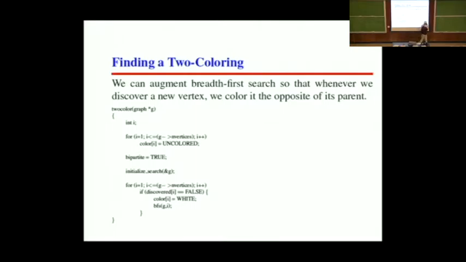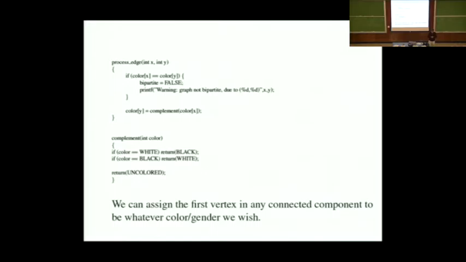And as you remember from my breadth-first search implementation, I had these routines, process vertex and process edge, that would give you a chance, the first time you've seen that vertex or that edge, to decide what you want to do with it.